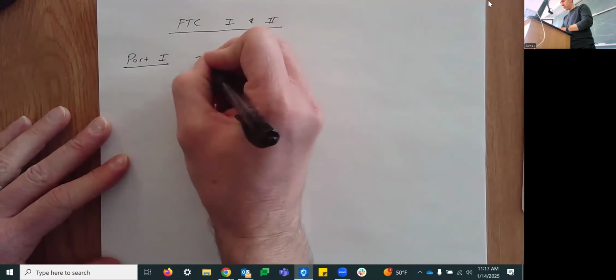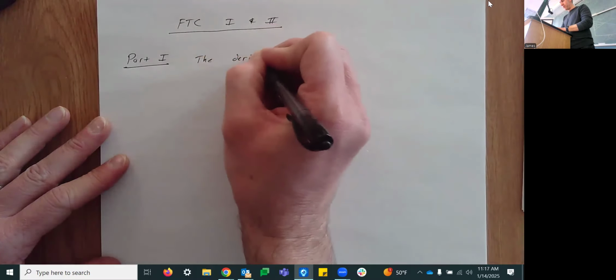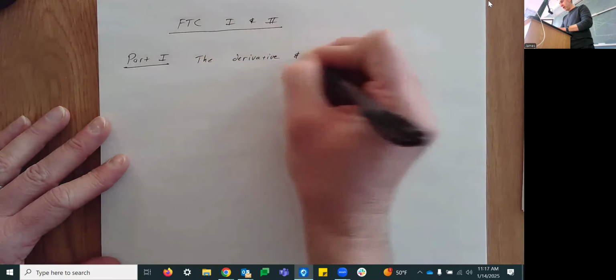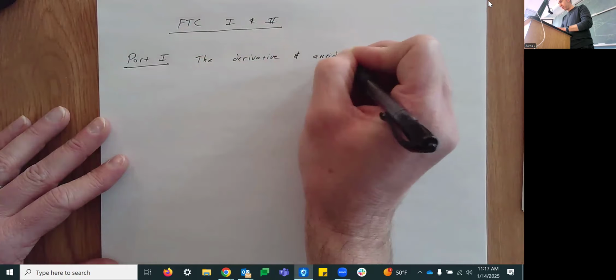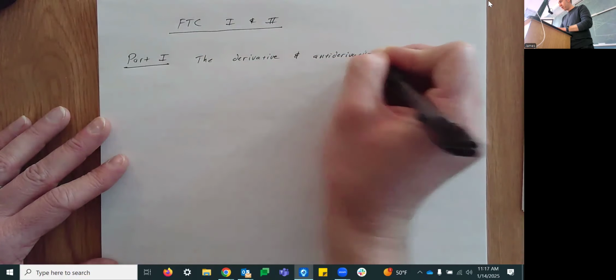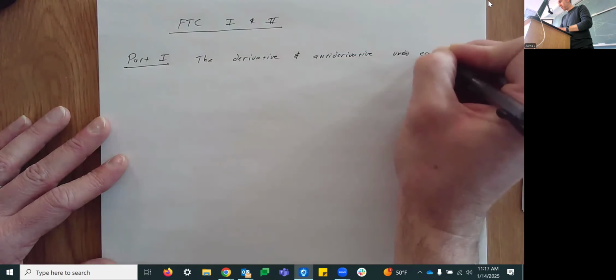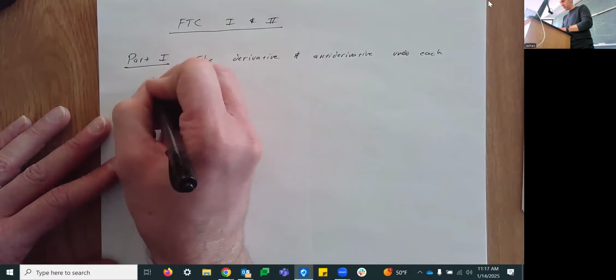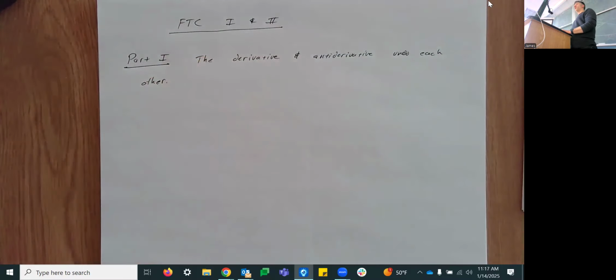The derivative and the antiderivative undo each other, like we've seen a lot. So in fact, let's write that out in words: the derivative and antiderivative undo each other. That is the whole gist of the fundamental theorem of calculus part 1.